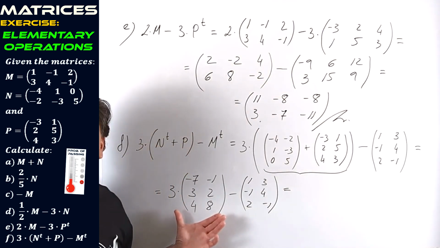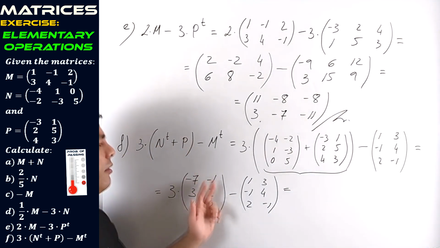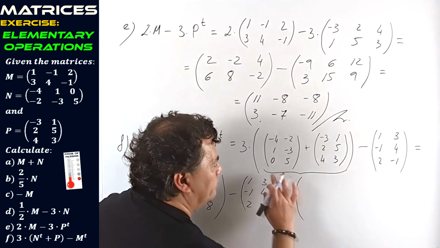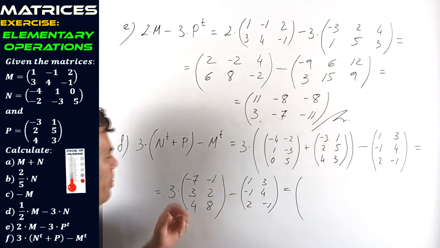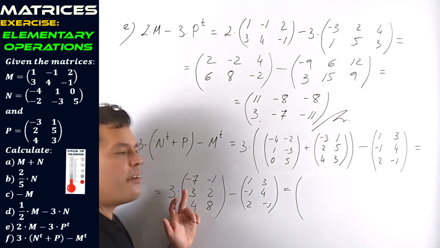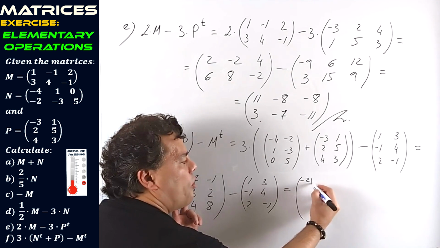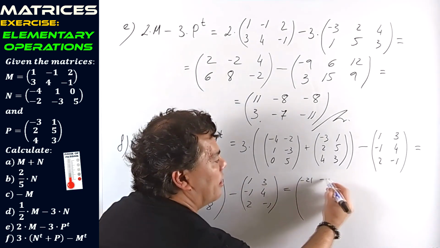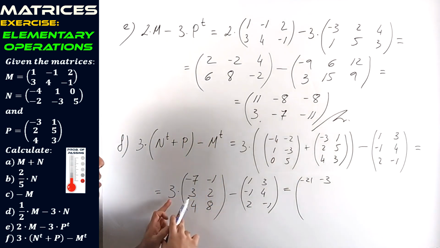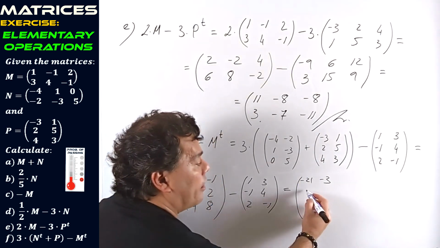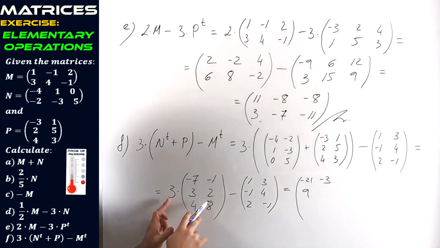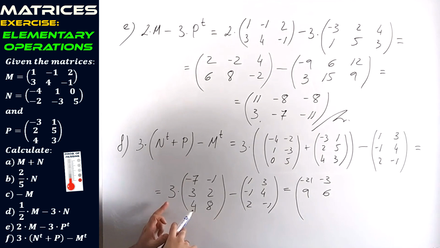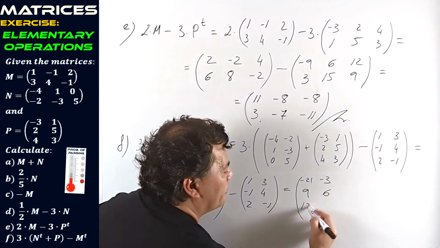The next thing we're going to do is multiply 3 by all these elements, and here you have it. 3 times negative 7 is negative 21. 3 times negative 1 is negative 3. 3 times 3 is 9. 3 times 2 is 6. 3 times 4 is 12.